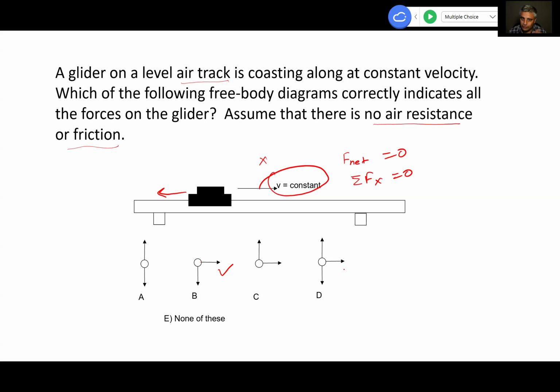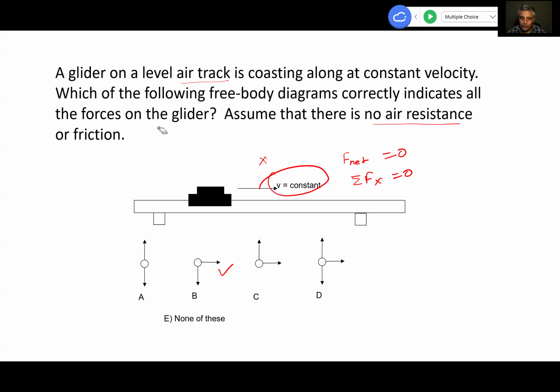To understand that, we have to fully understand what Newton's first law is, right? An object can keep moving with constant velocity even if there is no net force acting in the direction of motion. So in this case, since there is no backward force, we don't need forward force either to keep it moving with constant velocity.